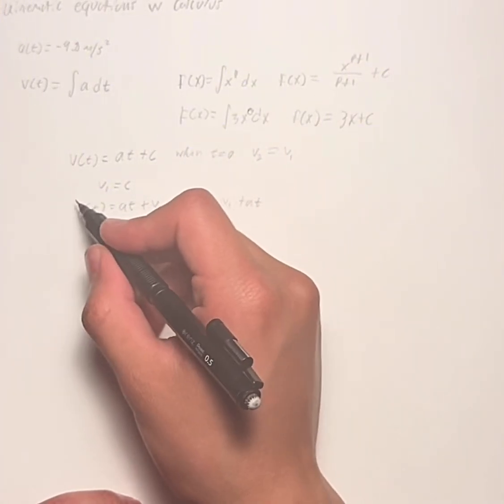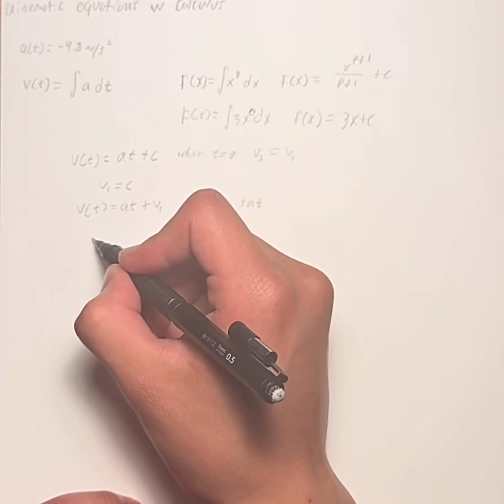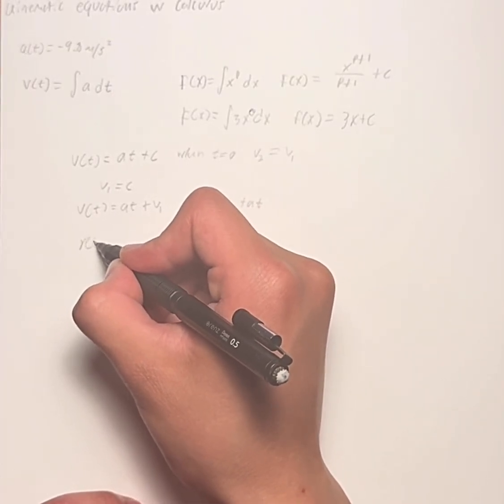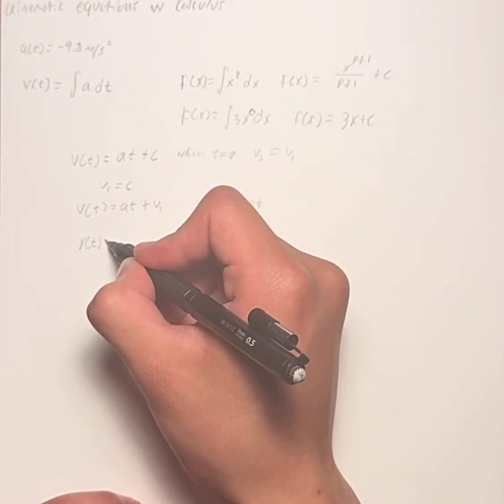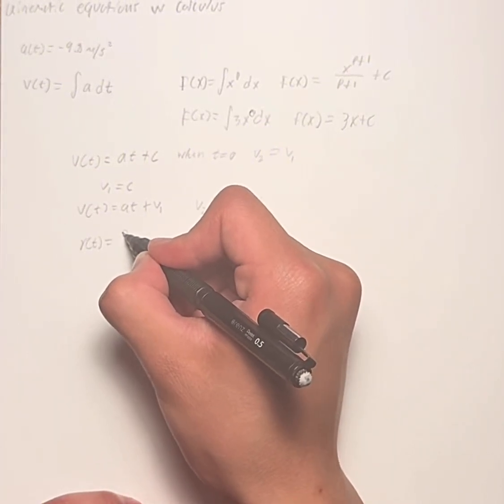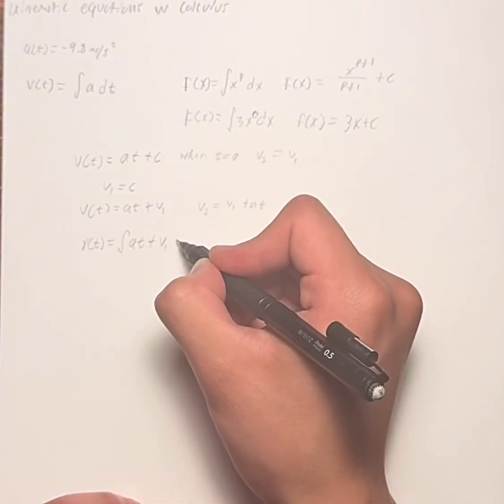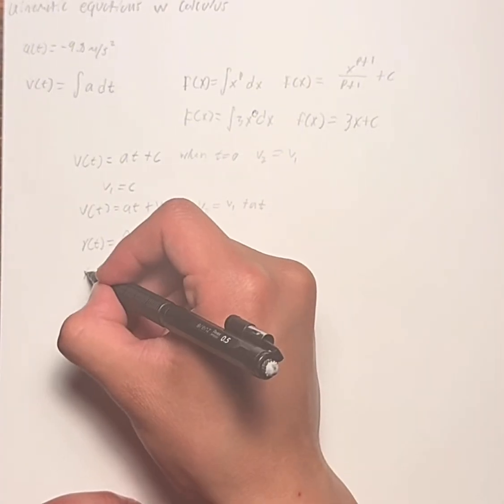So now if we integrate this velocity function, we're going to get a position, which is equal to the integral of at plus v1 times dt.